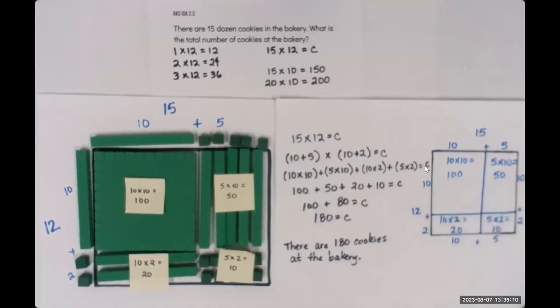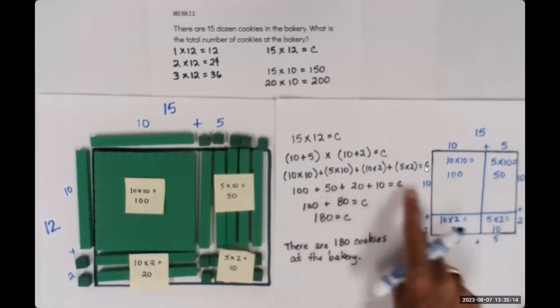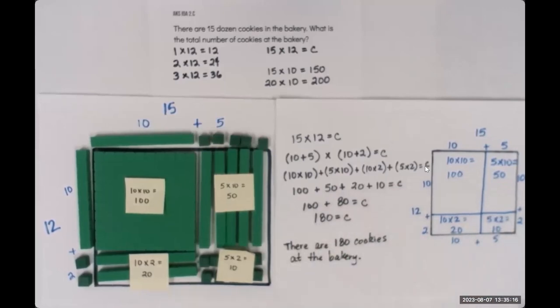Finding those partial products, we add them together to find our total product or solution, which was 180 cookies. All right. So today we looked at how to multiply a 2-digit number by a 2-digit number using concrete-based 10 blocks in an area model, and then transitioning that to a pictorial model.